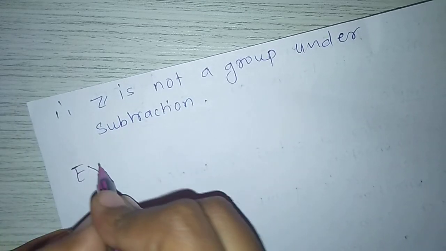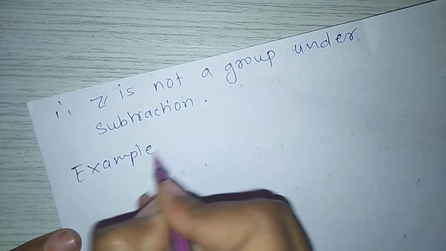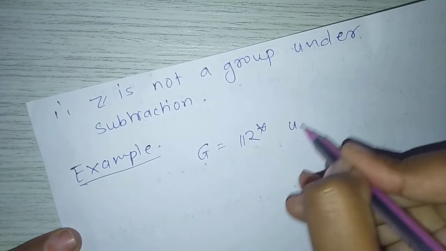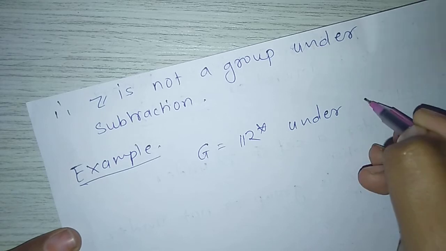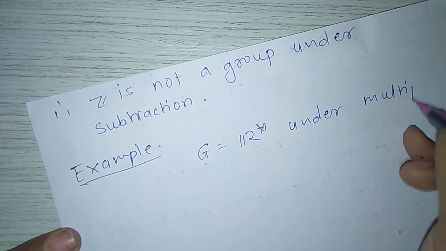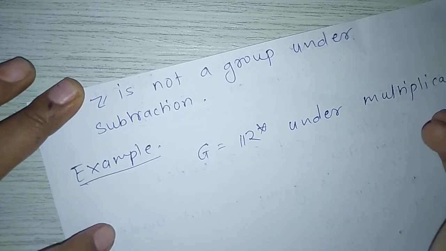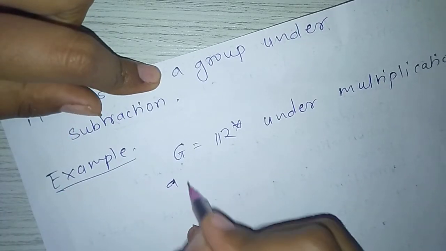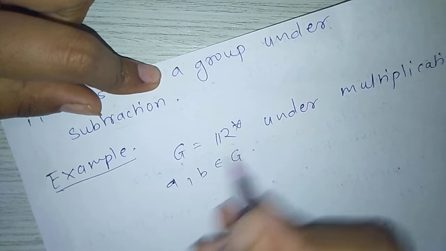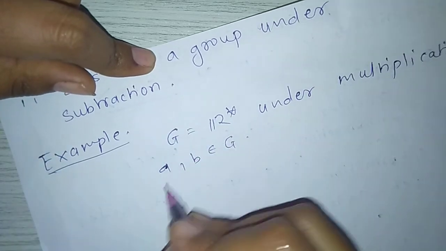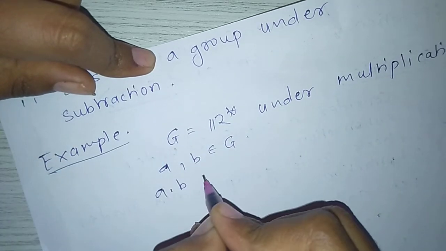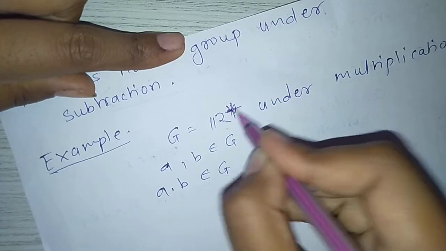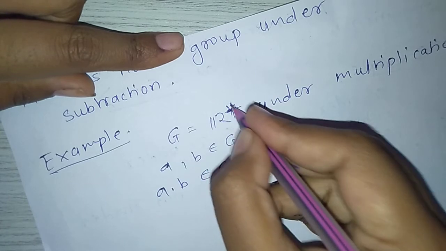Next example, consider G equal to R plus under multiplication. Here consider a, b belongs to G, then a into b also belongs to G. R plus is the set of positive real numbers.